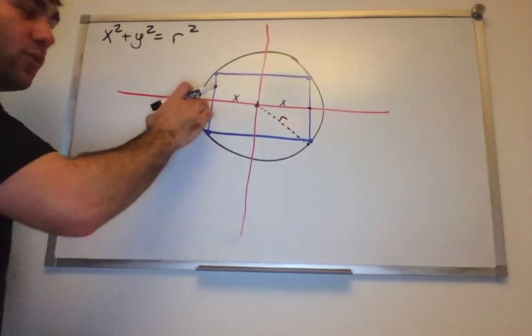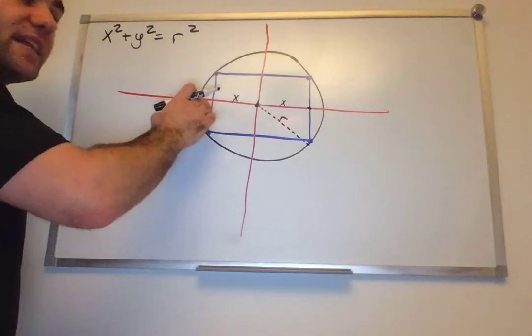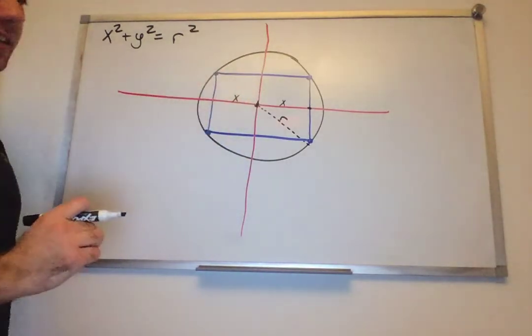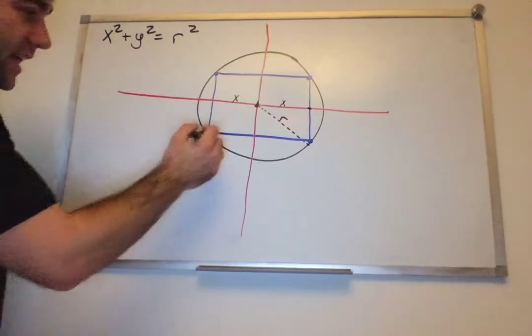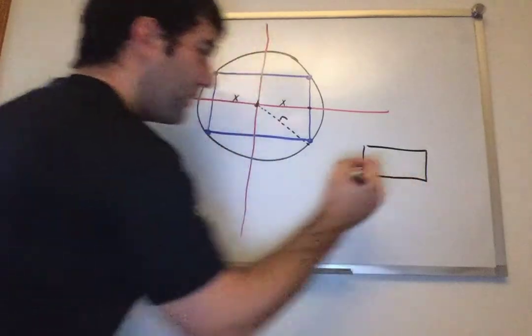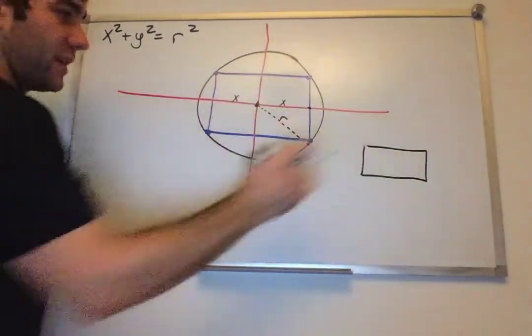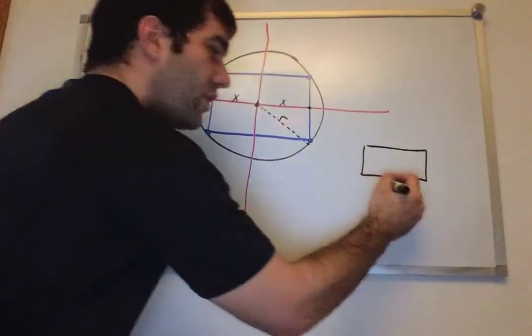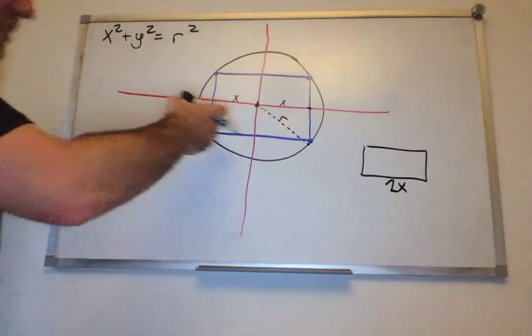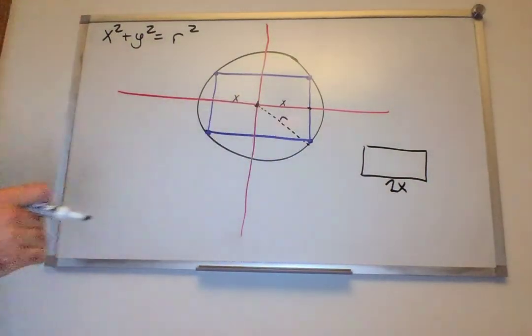We're not talking about the coordinate, where this would be at negative x, 0. We're talking about the distance from the origin, so that's x. So this entire side right here, I'll draw a small rectangle off to the side just to represent that rectangle, we know it's 2x.